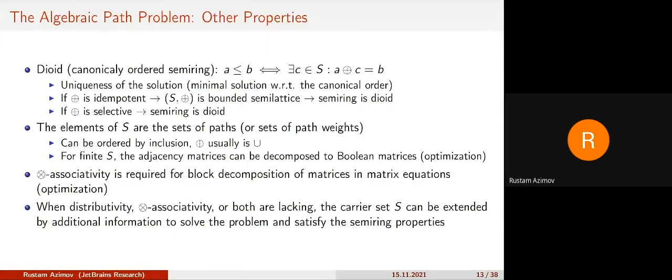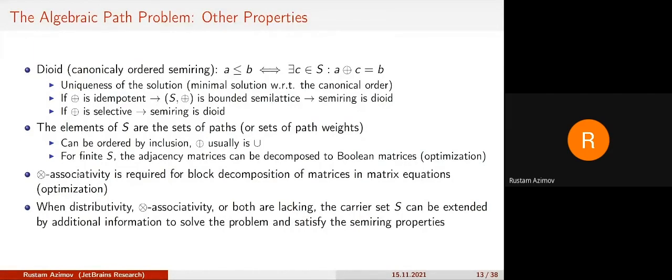Here the plus operation is usually defined as just the union of these sets, and it is already ordered by set inclusion. And another optimization: if we have a finite set, then the adjacency matrices that we used can be decomposed to Boolean matrices.